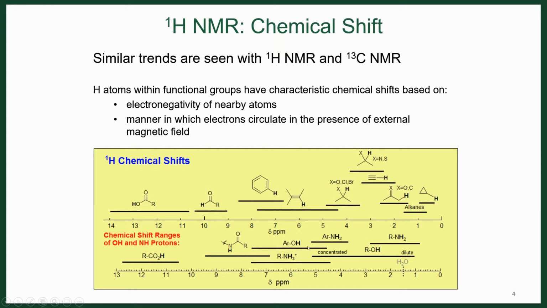And they tend to overlap with what we think of for typical carbon-hydrogen signals as well. Most of the time, these signals are broad, though, and so they're readily identifiable by that type of a characteristic, although not always, and some of them can show coupling under the right conditions.